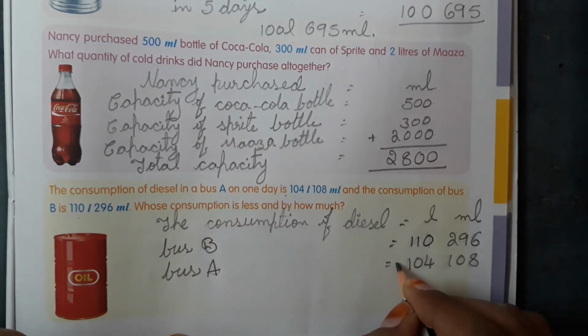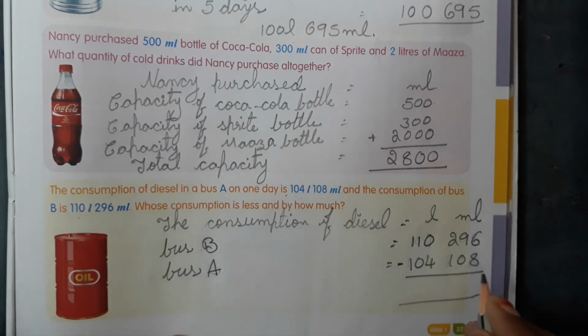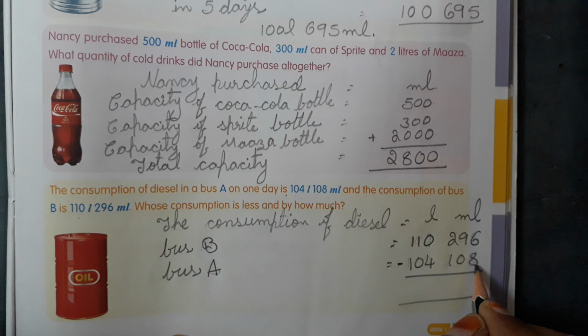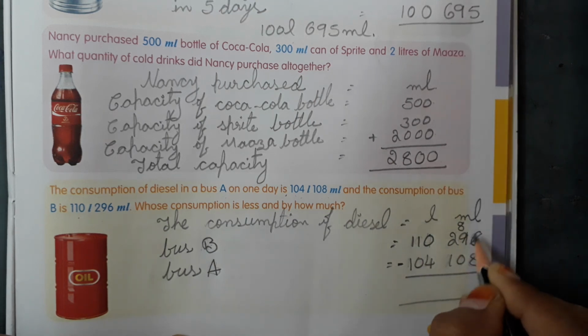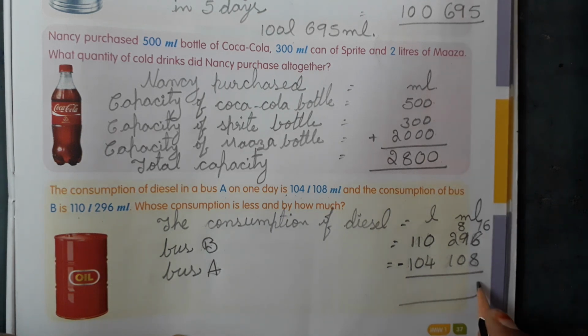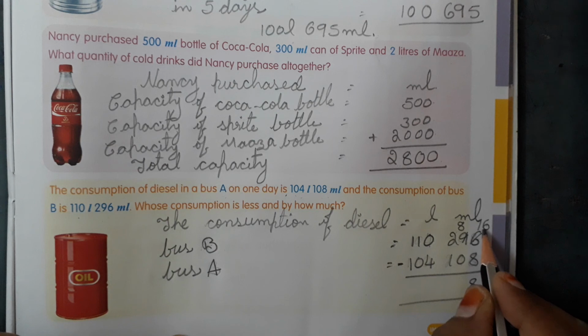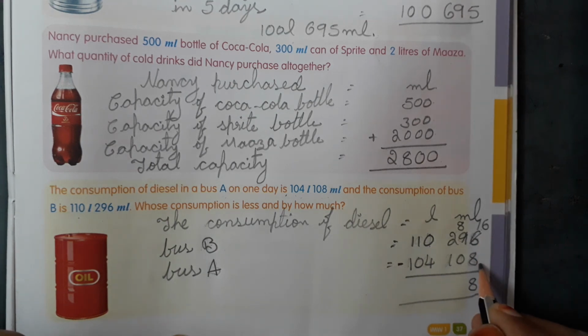Less than, more than means you have to do subtraction. So do 6 minus 8, not possible. Get borrow. 9 becomes 8, 6 becomes 16. 16 minus 8, how much? 8. Here in 16 there are 2 eights, 2 eights are 16, na? We are subtracting 1 eight.